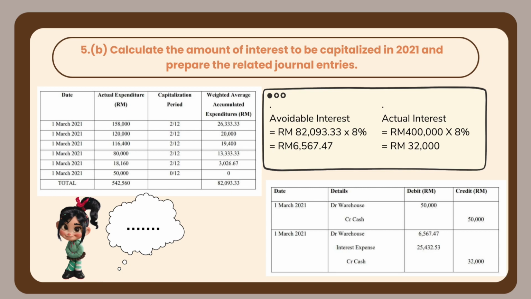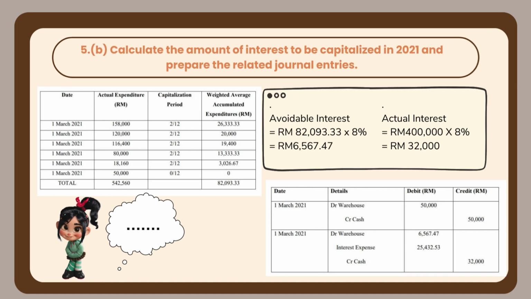To get avoidable interest, 82,093 ringgit and 33 cent, which is weighted average accumulated expenditure, will times by 8% and get 6,567 ringgit and 47 cent. Actual interest 400,000 will times by 8% and get 32,000 ringgit.